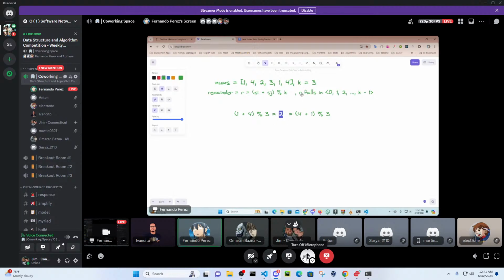I call this value R as the remainder. So you are matching this value, and you can build some subsequence. In this case, your candidate is going to be like 1, 4, and 4, 1, because 1 plus 4 modulo 3 is 2, and 4 plus 1 modulo 3 is 2, the same.